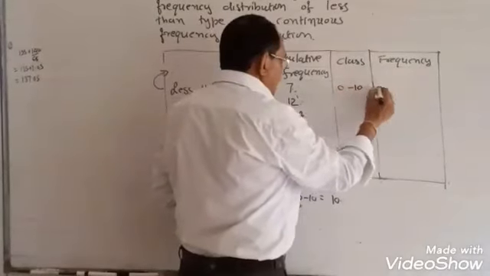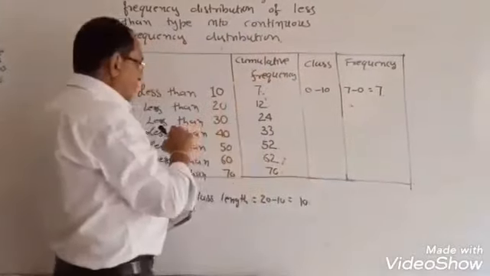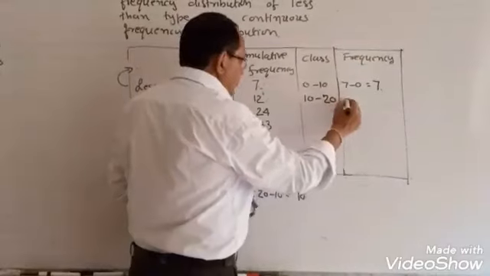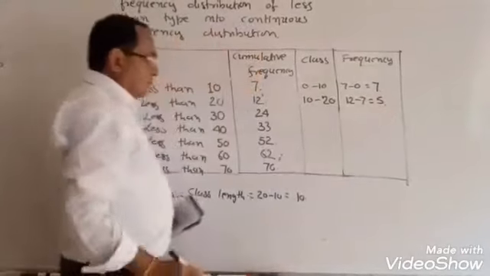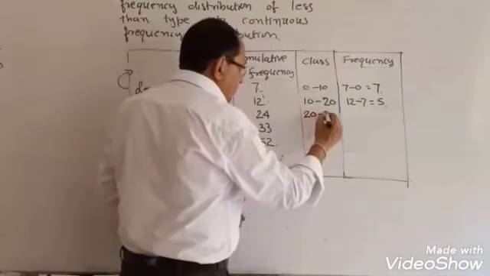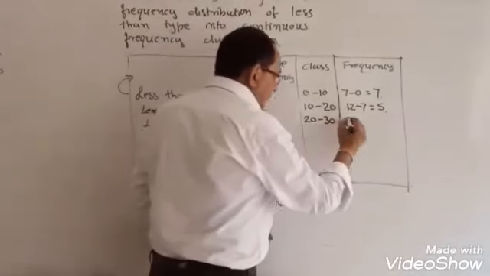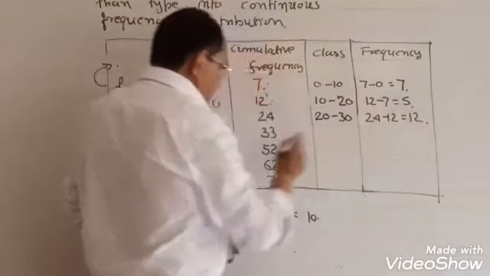0 to 10 is equal to 7 minus 0, which is 7. Now 10 to 20, what will we do? 12 minus 7 is equal to 5. Then 20 to 30, how many students will be there? 24 minus 12 is equal to 12.